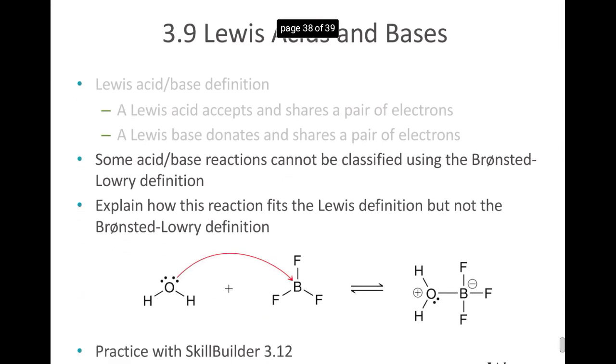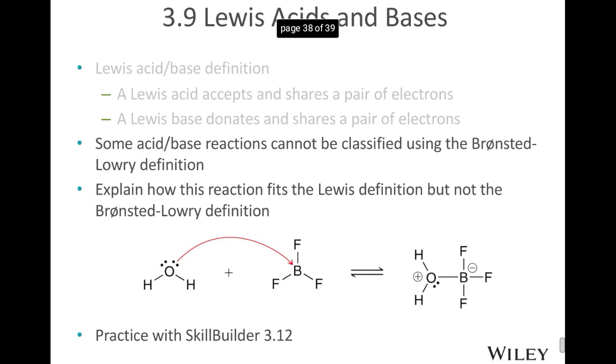What's so great about this is that some acid-base reactions cannot be classified using the Bronsted-Lowry definition. For example, it says here, explain how this reaction fits the Lewis definition, but not the Bronsted-Lowry definition. If I take a look at this BF3, boron trifluoride, you can clearly see that it is accepting a pair of electrons from the water, so this must be my Lewis acid.